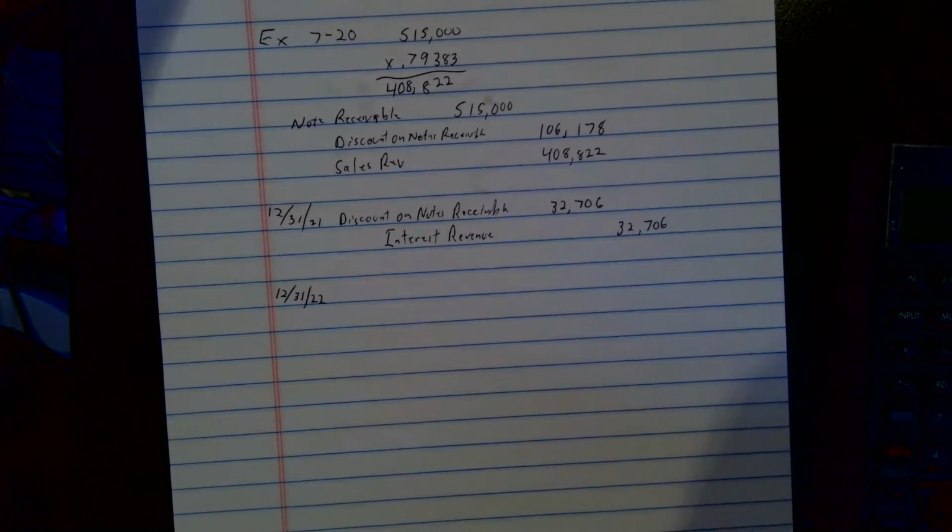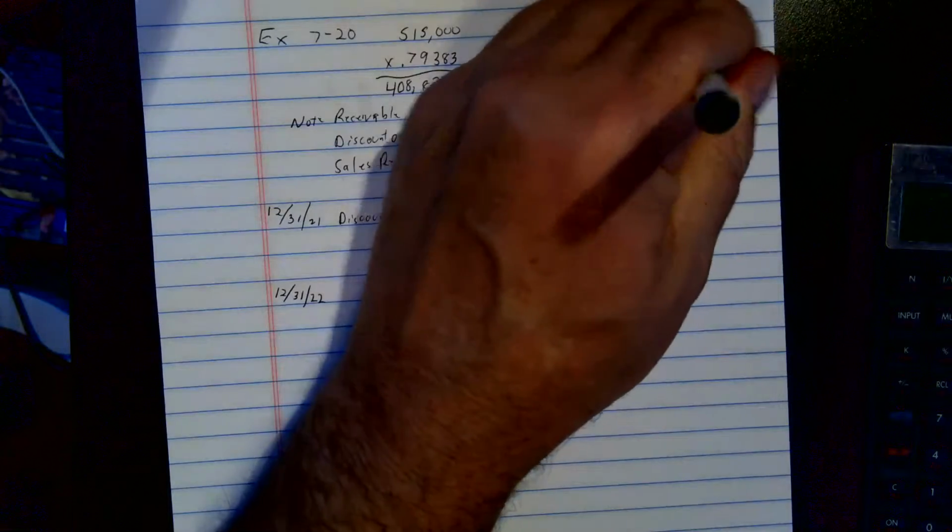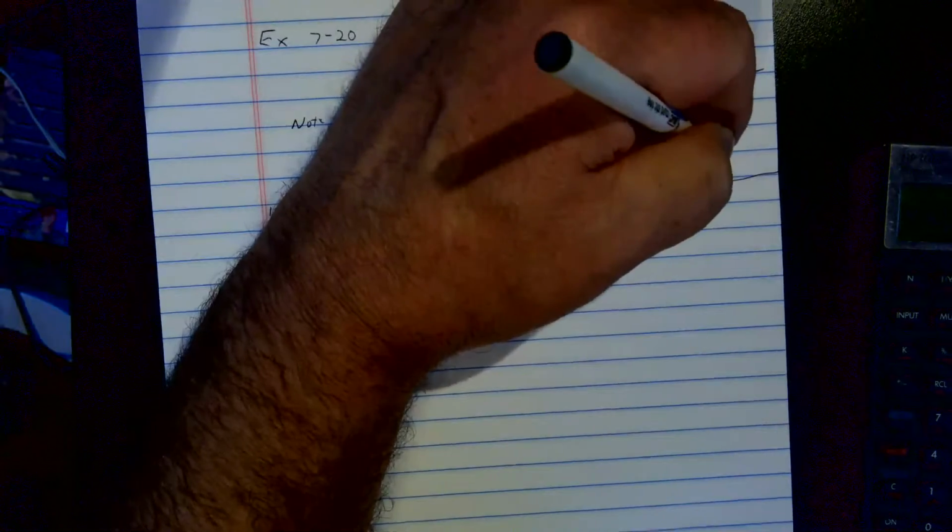So we're going to start with 408,822, and I'm going to add to that the 32,706, and that gives me a new carrying value of 441,528.